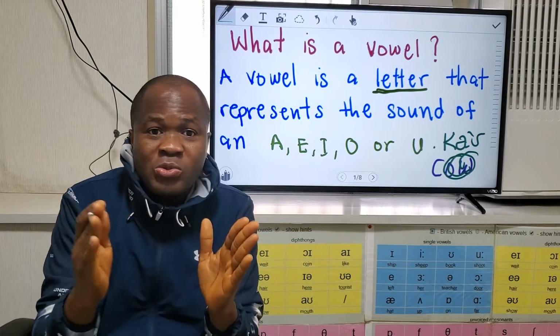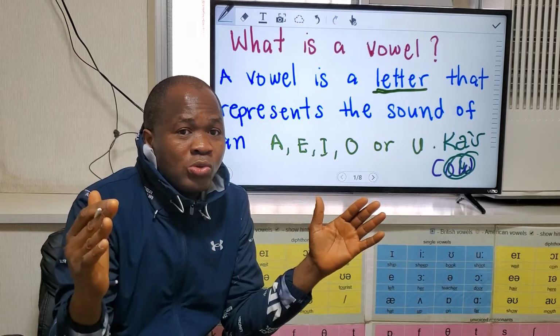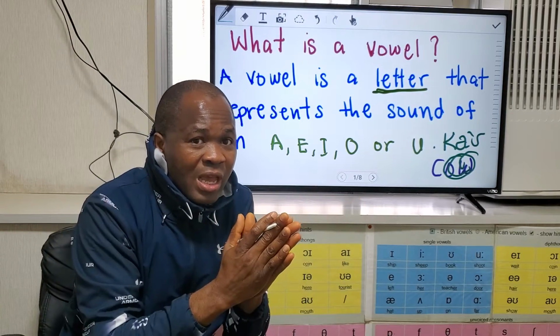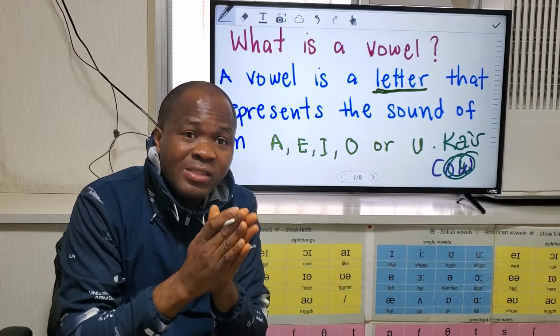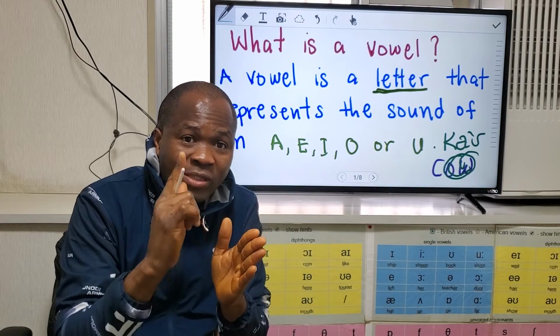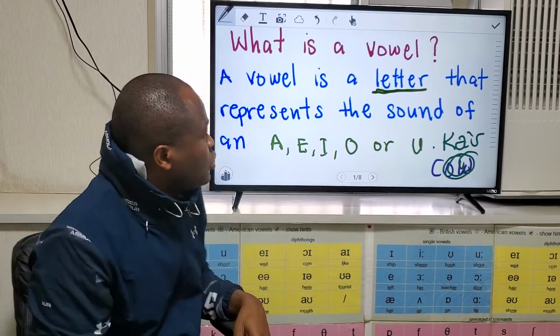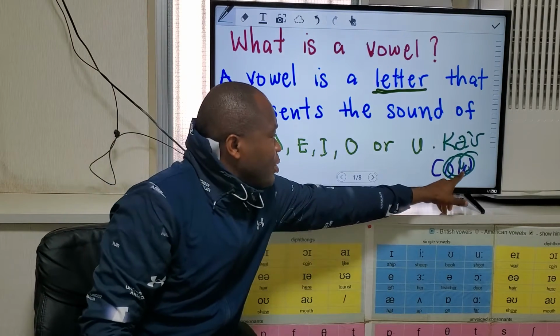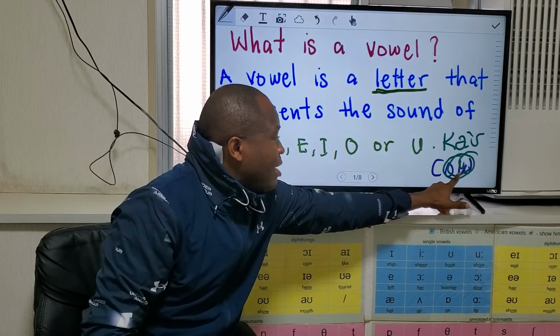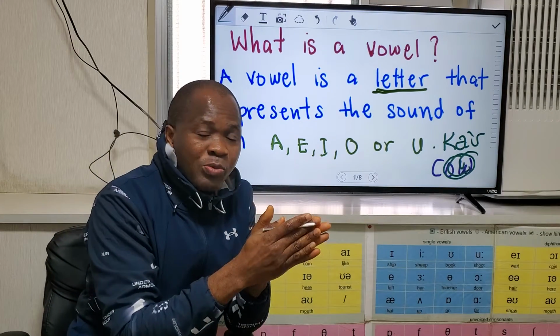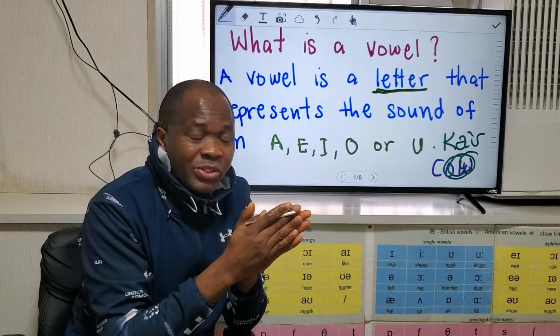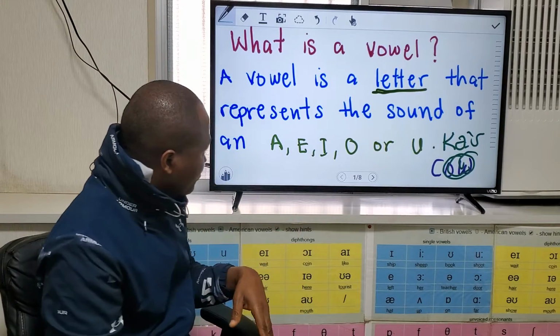Diphthongs are two vowels that come together to make a single sound, to make one sound only. So here our W is behaving like a vowel because W glides together with O to become the ow sound, which is a diphthong. Very good.